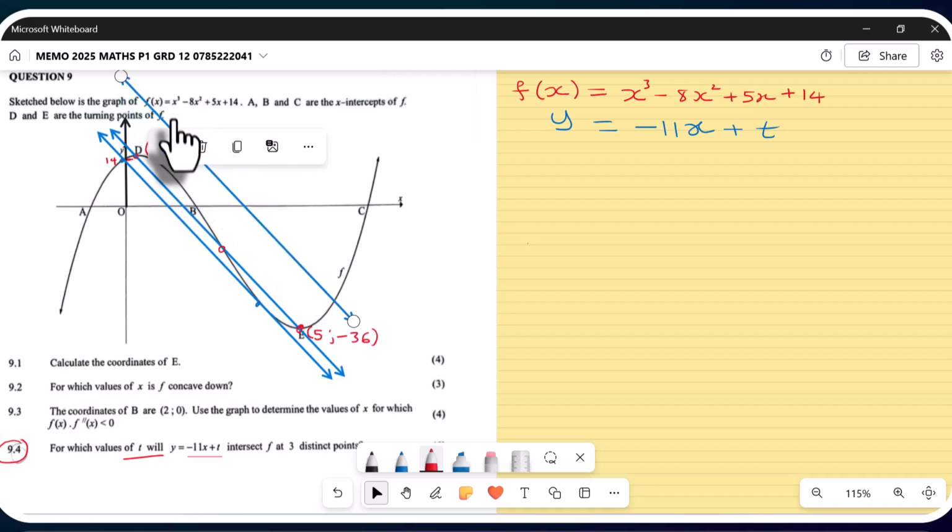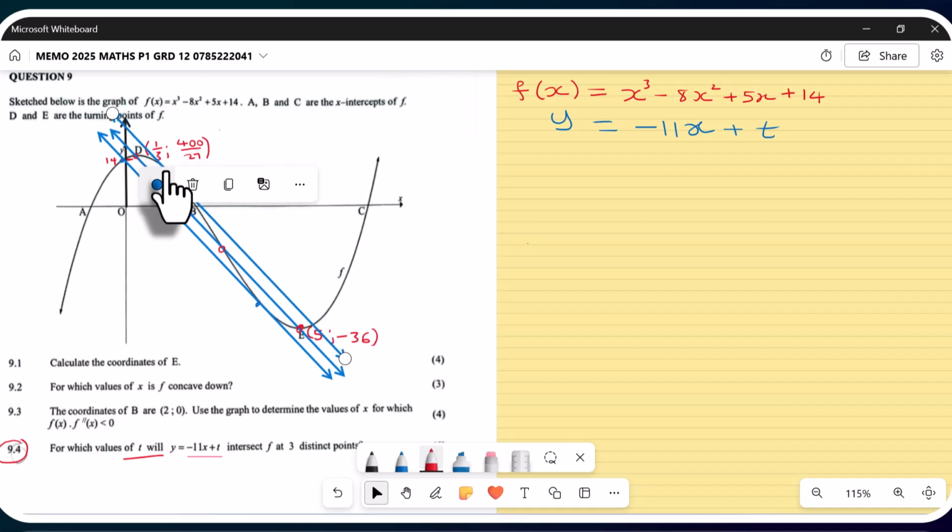I'm going to say that my function f of x equals y. So x cubed minus 8x squared plus 5x plus 14 is equal to negative 11x plus t.